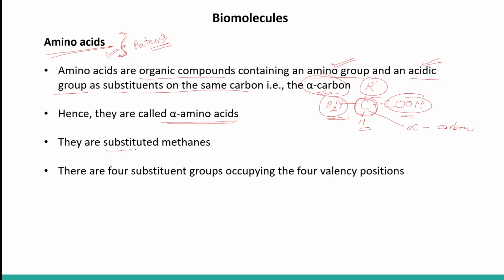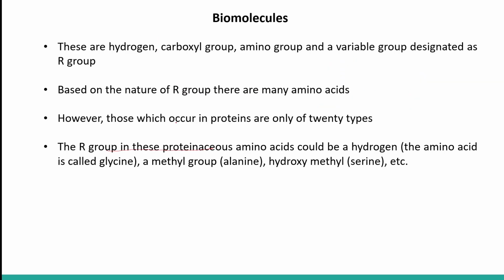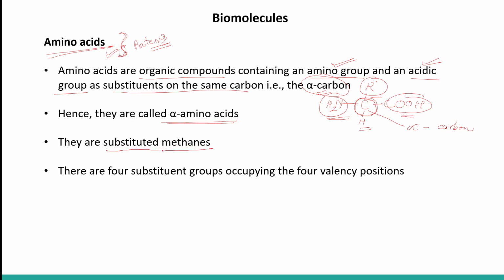They are substituted methanes. Methane is CH4. One hydrogen is replaced by an NH2 group, another hydrogen is replaced by the COOH group, and another hydrogen is replaced by an alkyl group.